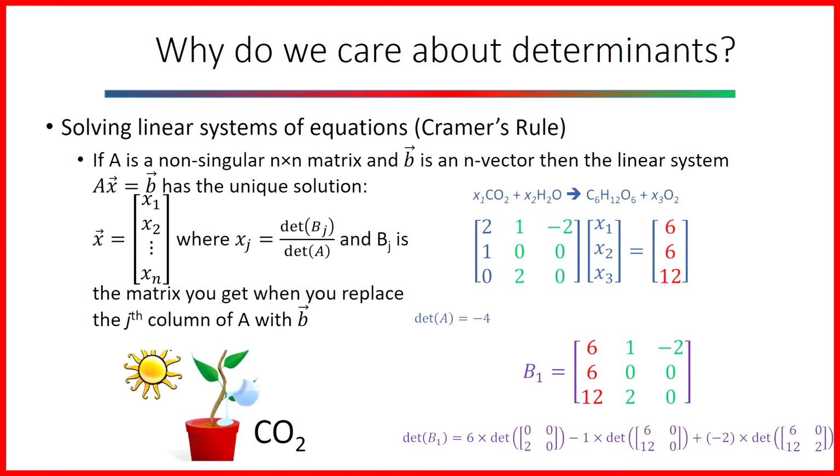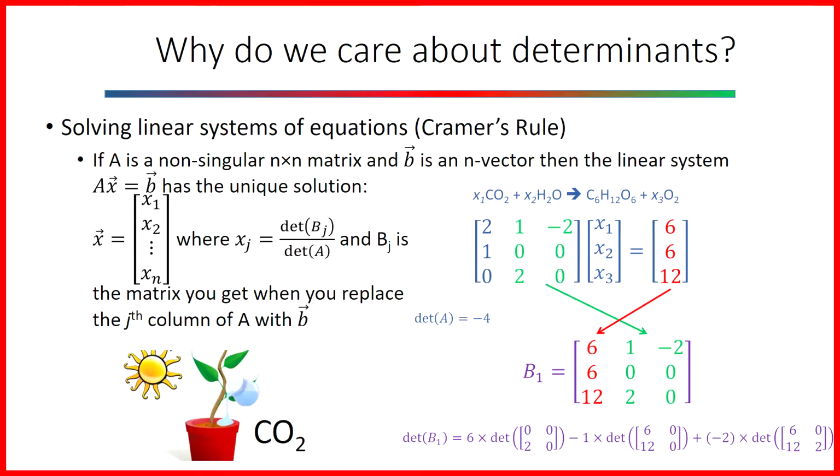Alright, next we need to figure out the determinant of B1. We define B1 as the matrix A in which we've replaced the first column with the B vector. The determinant of B1 will be equal to 6 times the determinant of [0, 0; 2, 0] minus 1 times the determinant of [6, 0; 12, 2] plus negative 2 times the determinant of [6, 0; 12, 2].